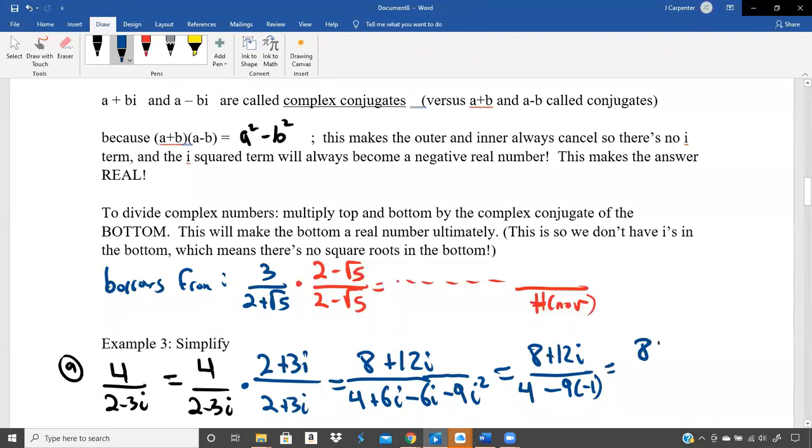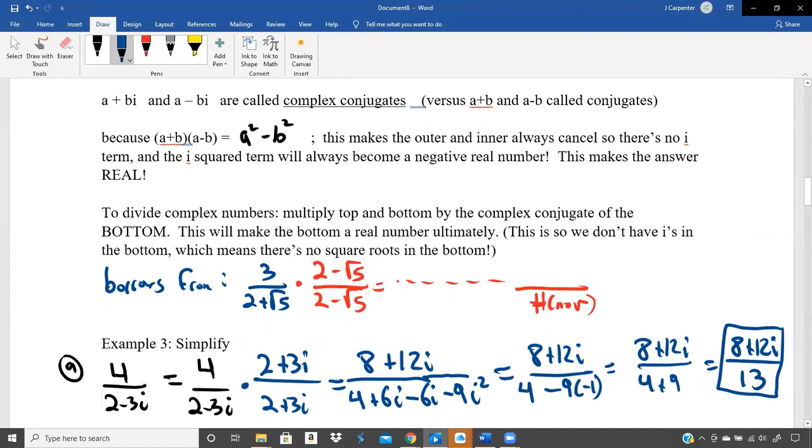So that's 8 plus 12i over 4 plus 9, which is 8 plus 12i over 13. The bottom is a real number, which means there's no square root, which means this is the answer.